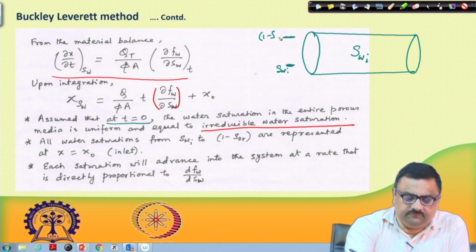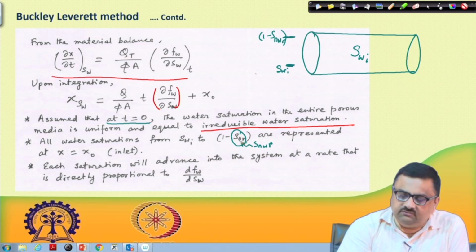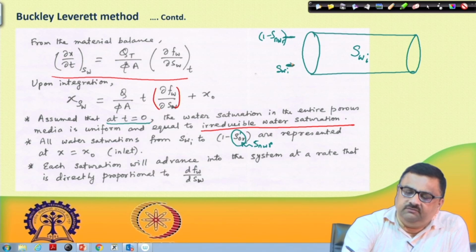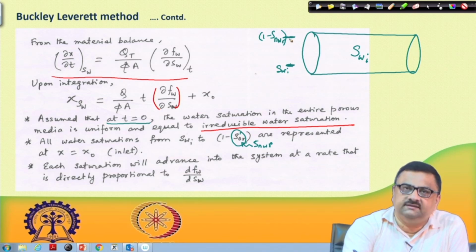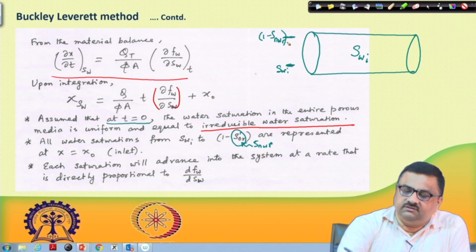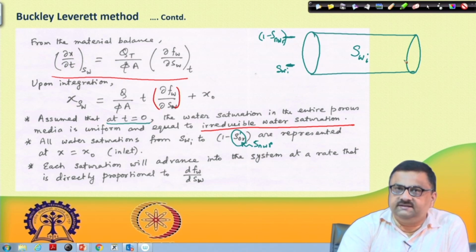SNWR, which is given here as SOR. This is the same as SNWR, the non-wetting residual, where O stands for oil. So, you have a limit between SWI and 1 minus SNWR. Water saturation in this porous medium has to remain within this range. Okay. To start with, at t equal to 0, everywhere it is SWI.